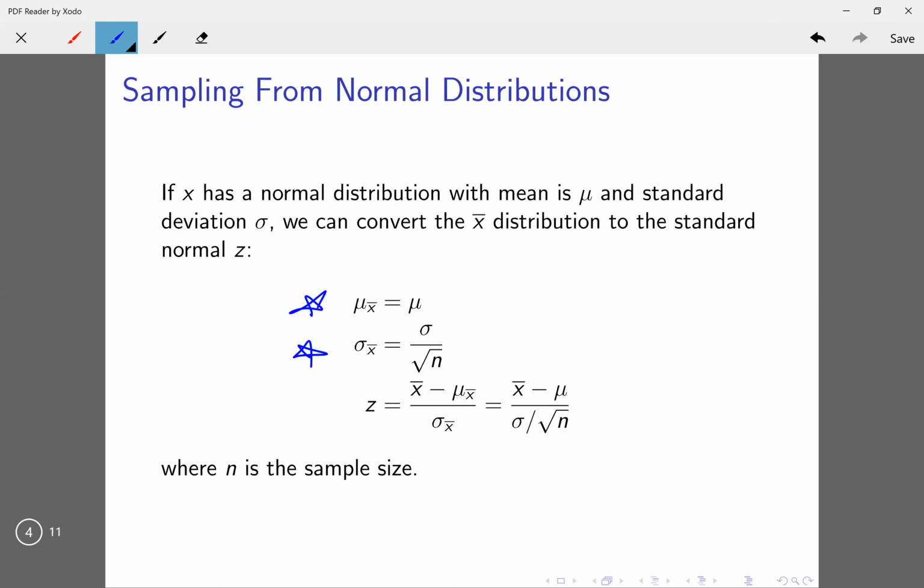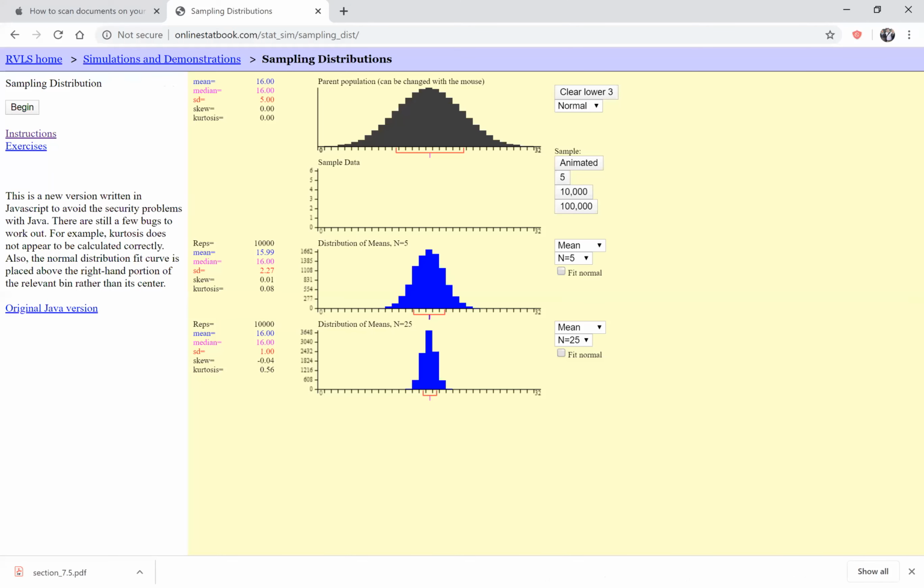You should be reminded of the little activity we just saw, where the means all stayed the same, but the peaks got more concentrated. That is consistent with the standard deviation getting smaller.